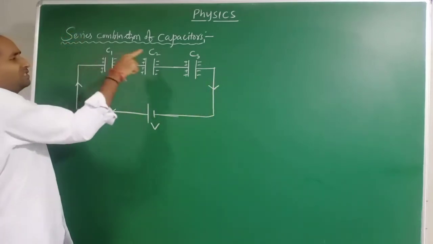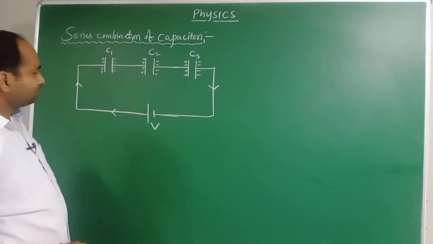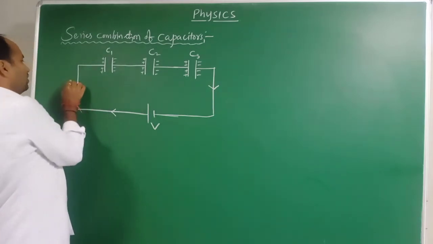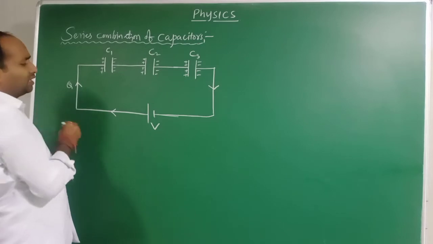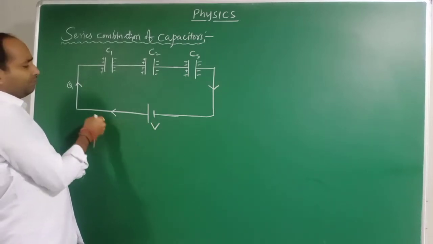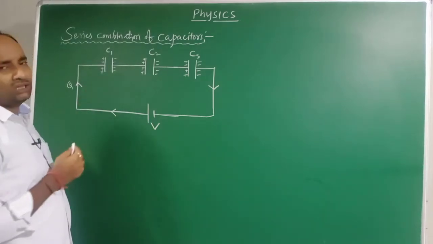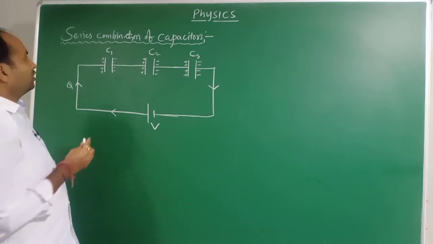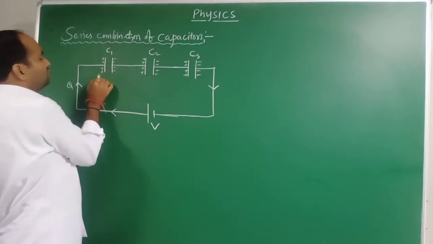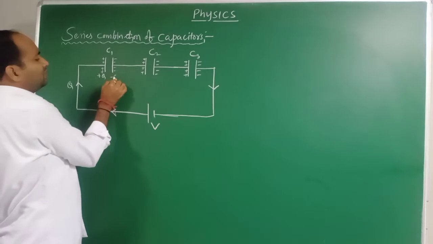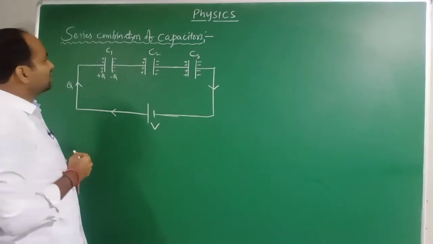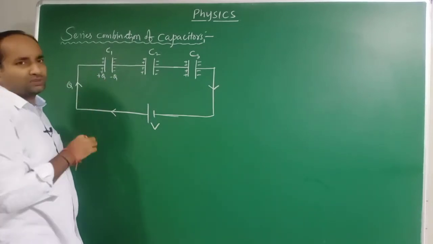So let Q be the amount of charge flowing across the battery from the positive terminal to the negative terminal. Now this is a positive charge plus Q, this is minus Q. The charge of the first capacitor is plus Q.